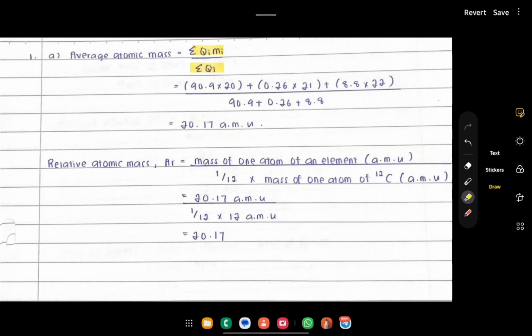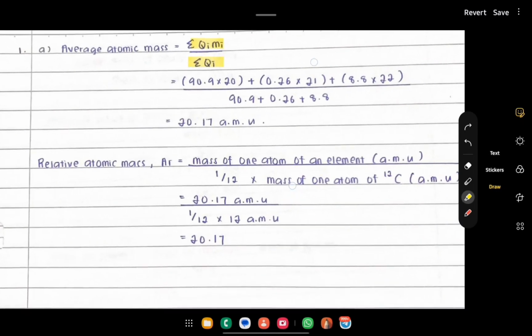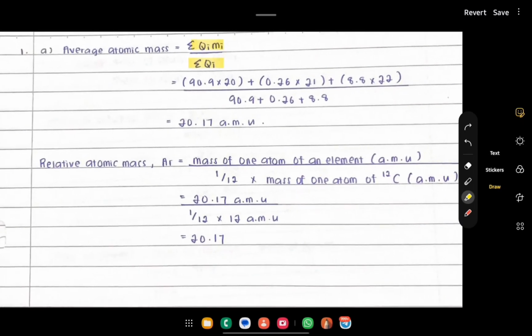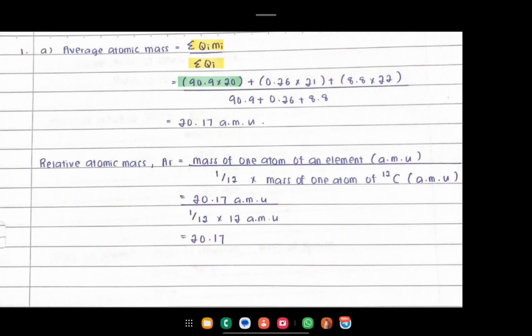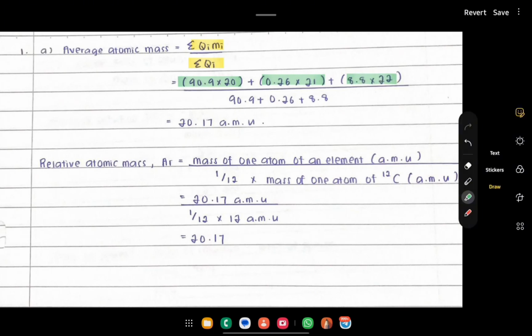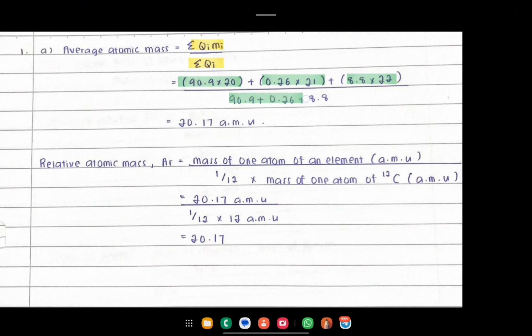Qi is the percentage of relative abundance, while Mi is the mass of the element. When you are substituting the values into the formula, make sure they are in the correct pairs. 90.9 times 20 plus 0.26 times 21 plus 8.8 times 22, over 90.9 plus 0.26 plus 8.8.